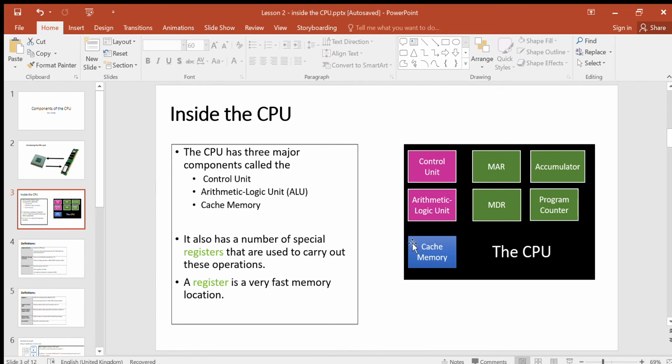We've then got a small amount of memory called cache memory. We will look at that in more detail later on, but not particularly in this video today. We have then got 4 registers. Now a register has a specific job. It does one thing, and it's a tiny piece of very fast memory that holds particularly one piece of data. So let's look at exactly what each of those are and their role within the fetch, decode, execute cycle.